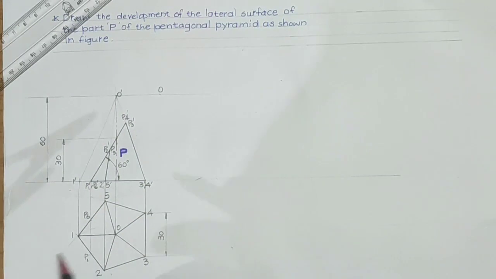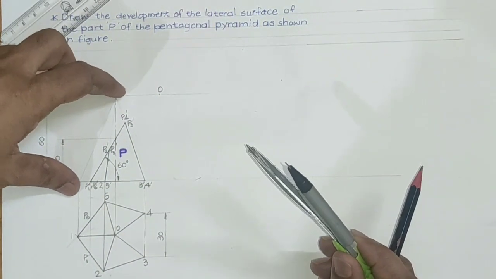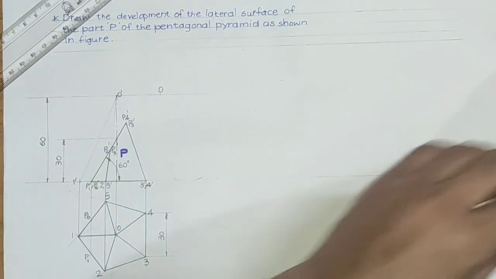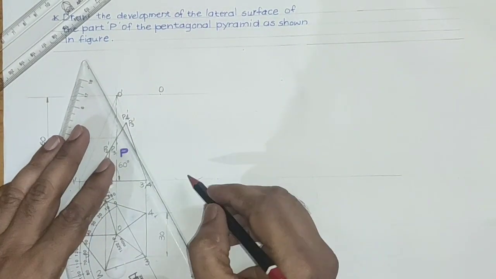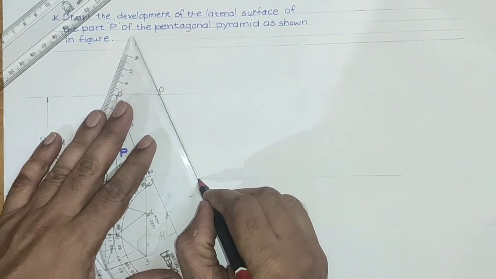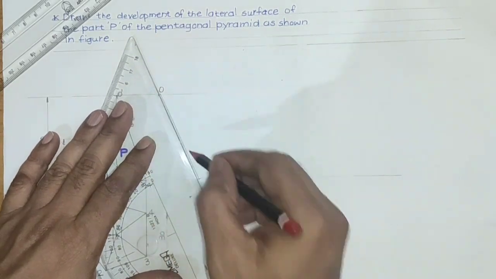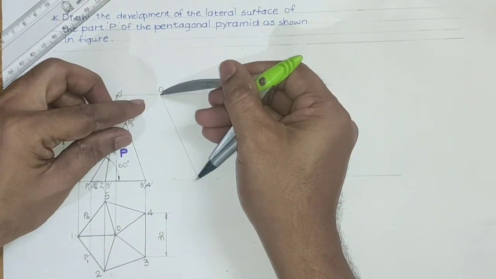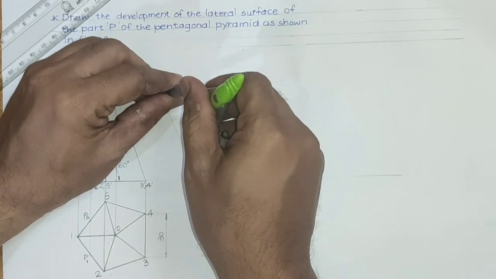This O1 is a slant edge which is parallel to VP and inclined to HP. That's why it is giving true length in front view. Join O with this point, which is the true length of slant edge. With this radius, draw an arc.